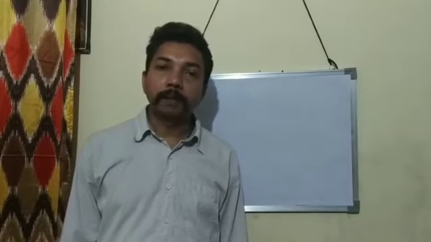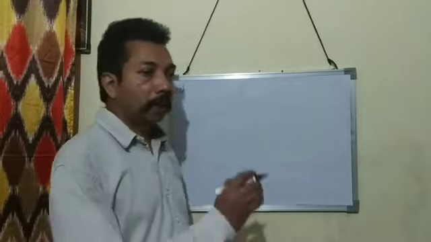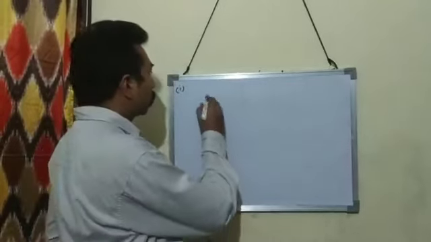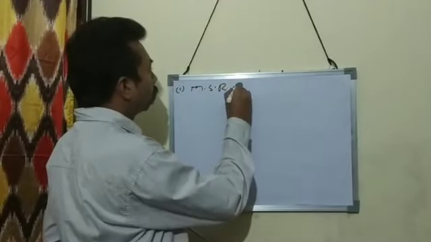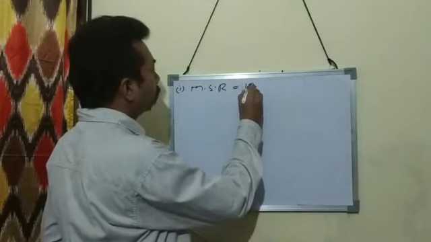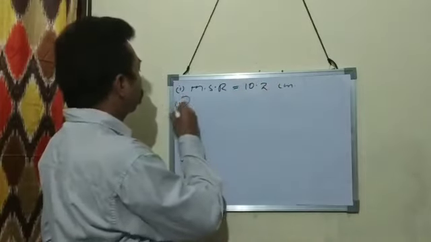In this diagram, you can see that 0 of the vernier scale comes between 10.2 and 10.3, but we take the left side reading. So main scale reading is equal to 10.2 centimeter.